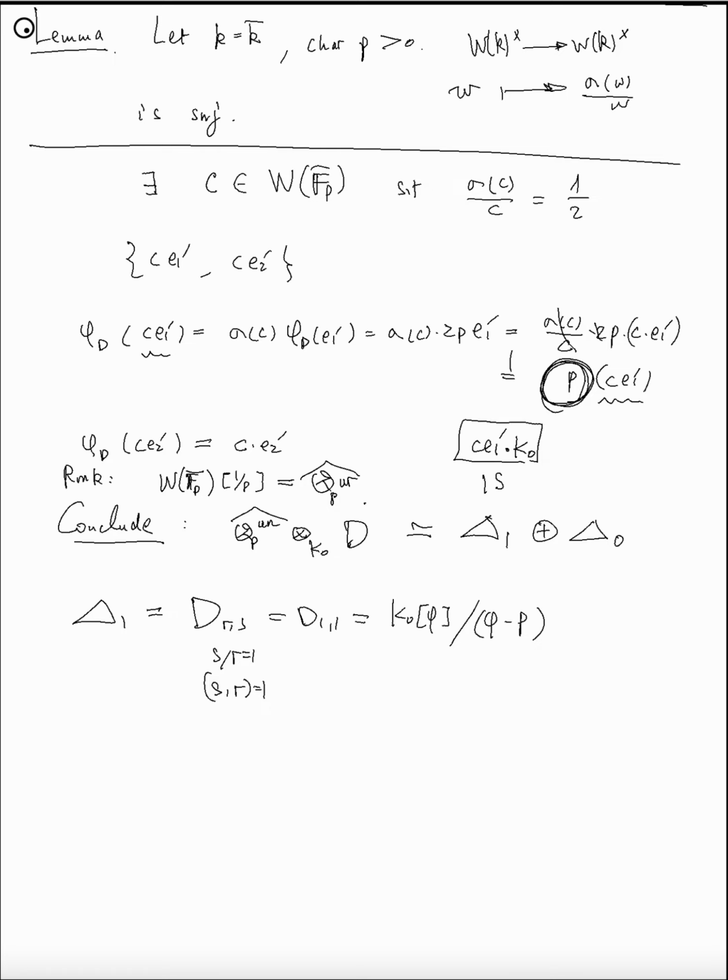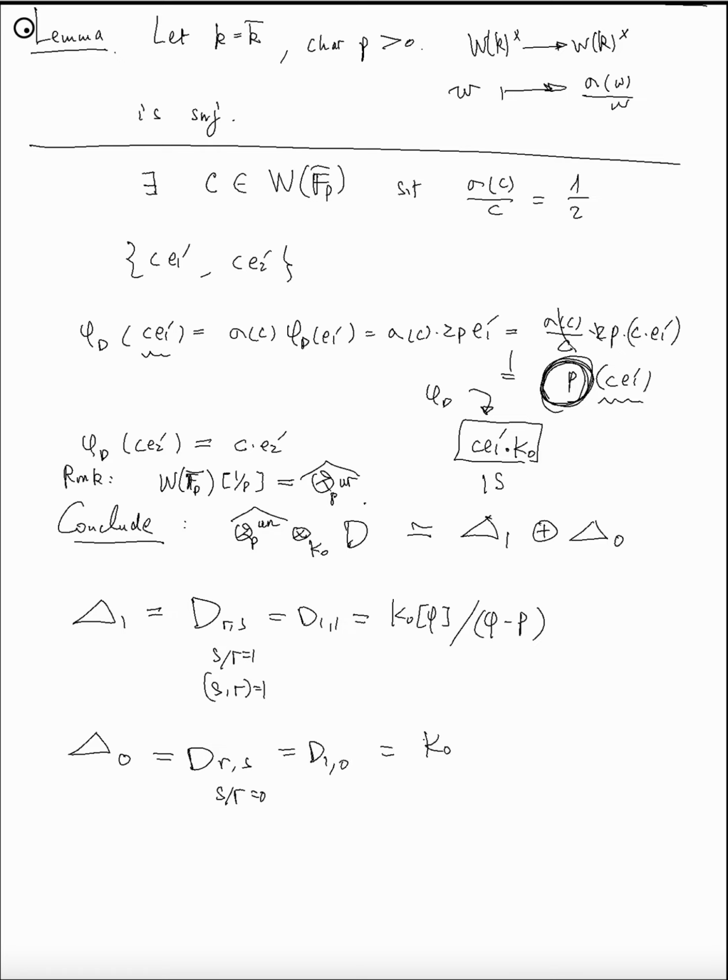It has a Frobenius here, which is just multiplication by p. While Delta 0 is just D_{r,s} with s over r equals 0, and so s equals 0. This is D_{1,0}.